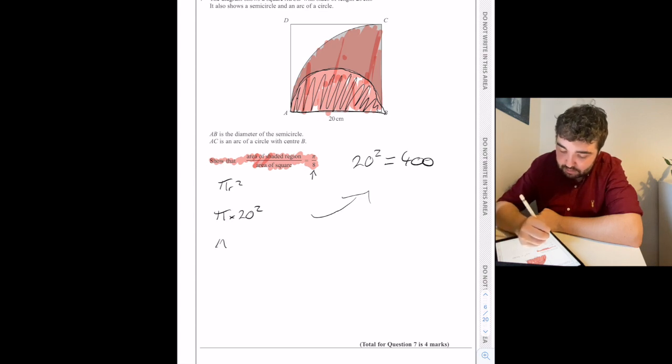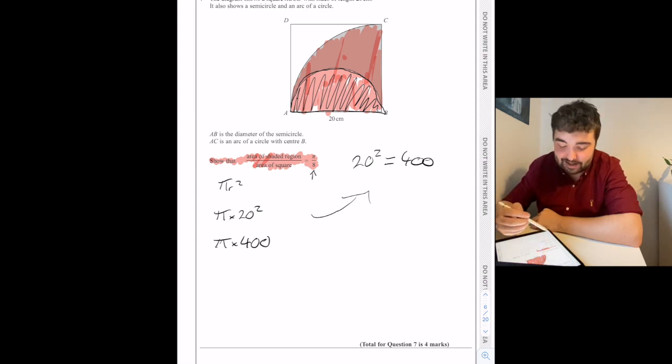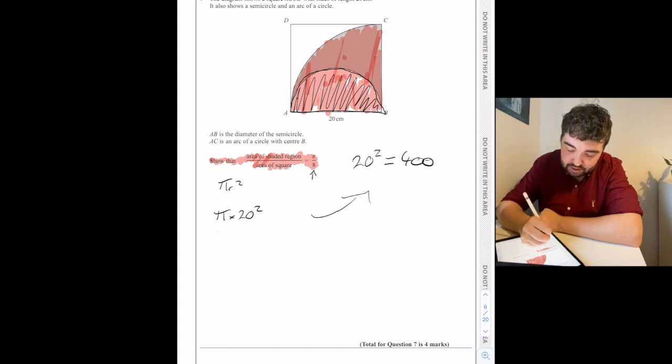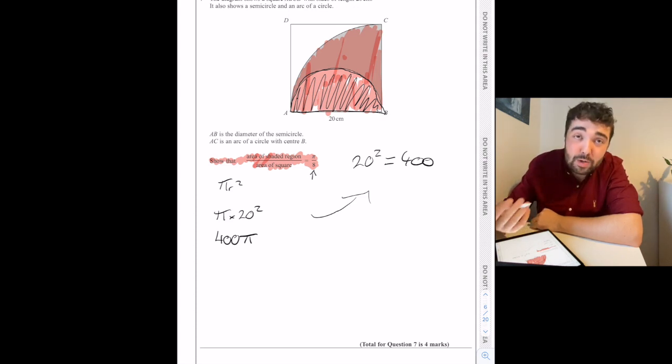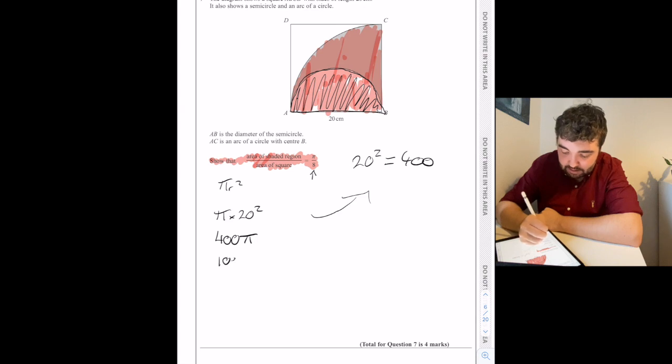So we've got pi times 400, or if you don't hate algebra, 400 pi. And then we're going to quarter it, because it's a quarter circle. A quarter of that's 100 pi.